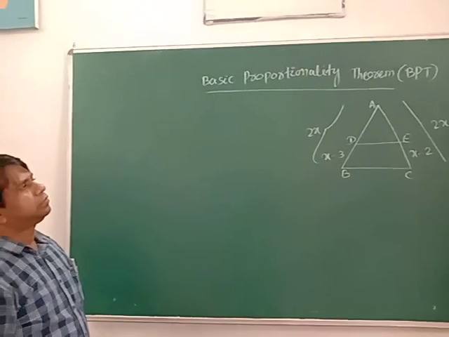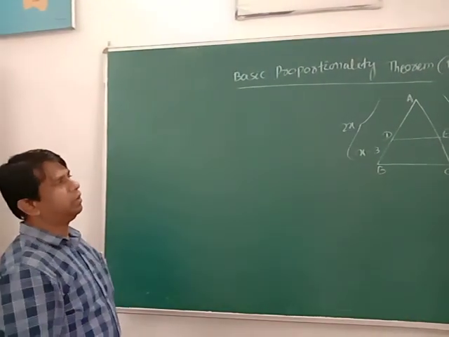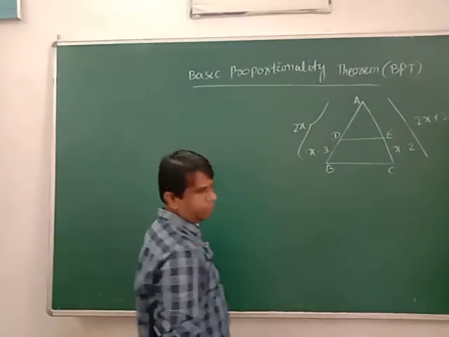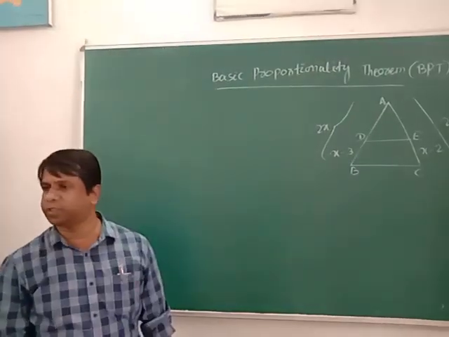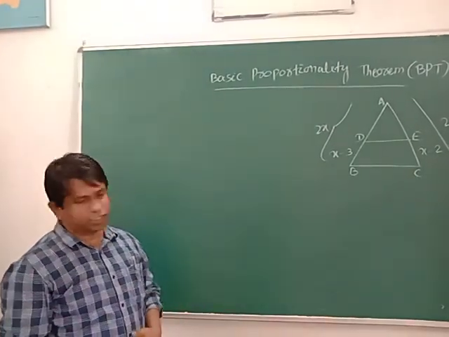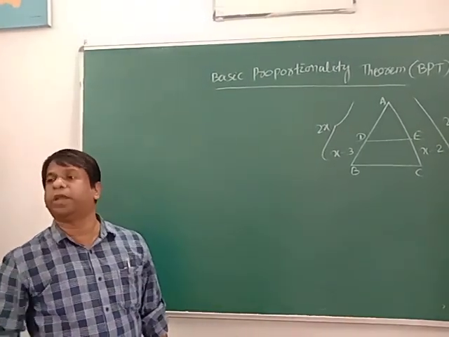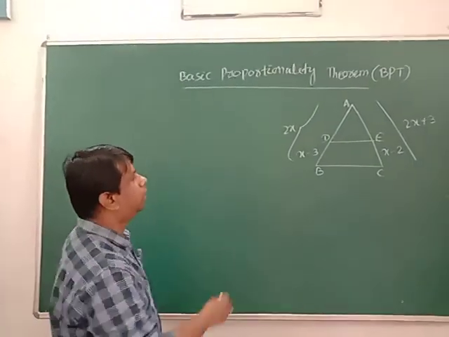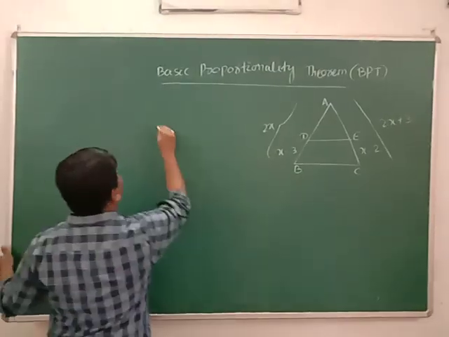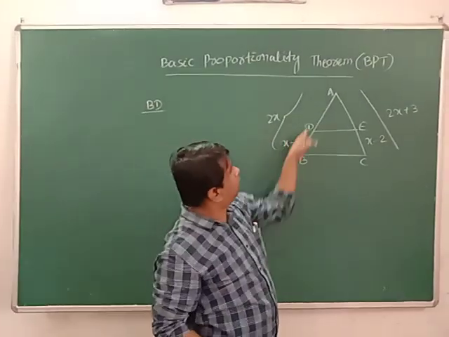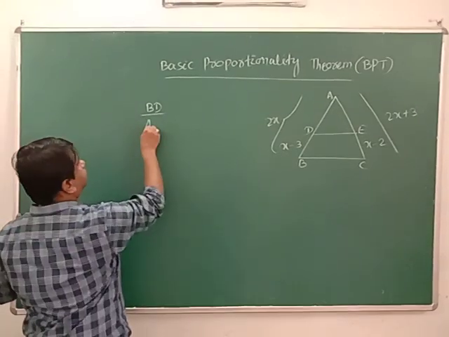As this is given, one line is parallel to one side of a triangle, then you can use the basic proportionality theorem. That is AD upon BD is equal to AE upon CE. You can also use part by whole. How? Now you can use BD. BD is the part. Now what is the whole? AB. Very good.